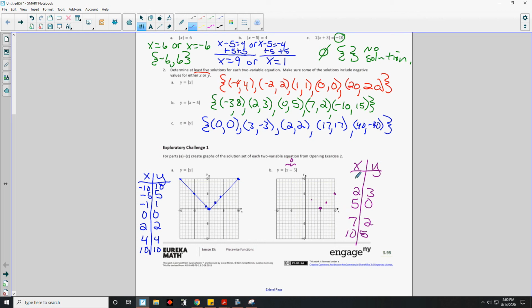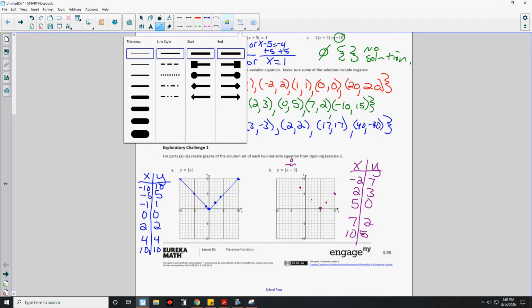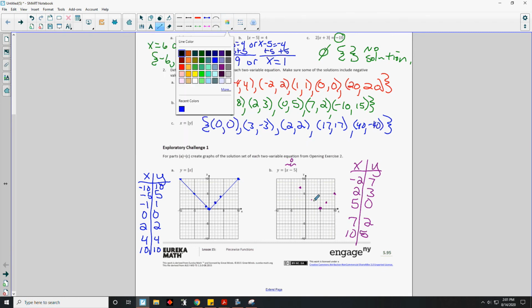Okay, and then I could do a number like, I don't know, negative 2. Negative 2 minus 5 is negative 7. The absolute value of negative 7 is 7. So I go left 2 up 7, and that's right here. And then I draw my lines. Okay, so please use a ruler doing this. Accuracy starts to get really important when you get into the higher math classes.